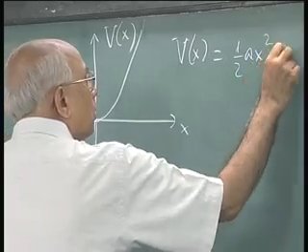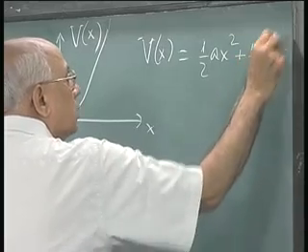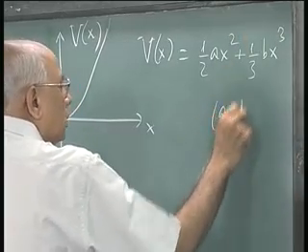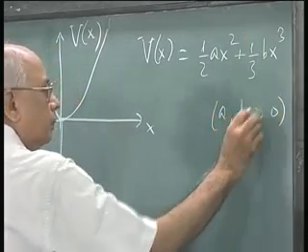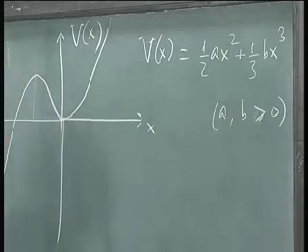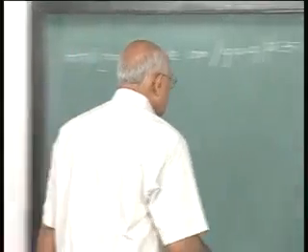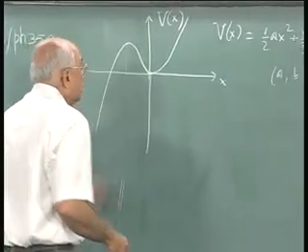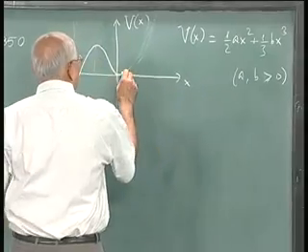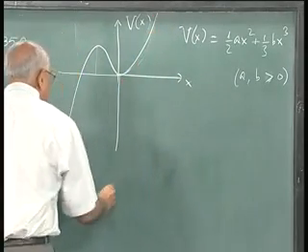So let us put plus 1/3 bx cubed, where a and b are positive. That would be a kind of simple formula for a potential with this qualitative shape, and the question is what happens to a particle moving in such a potential, and what does the phase trajectory look like.